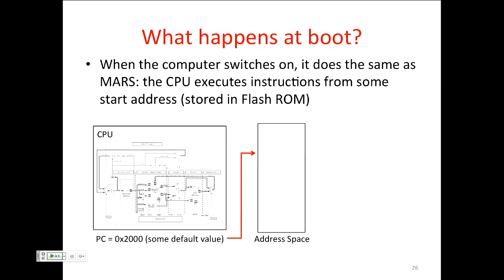But instead of regular memory, that location will normally be a memory-mapped chip somewhere on your board that contains some code stored in there. That's called a ROM, and you often hear it described as the firmware or the BIOS. It is basically just a tiny bit of code fixed on your hardware.